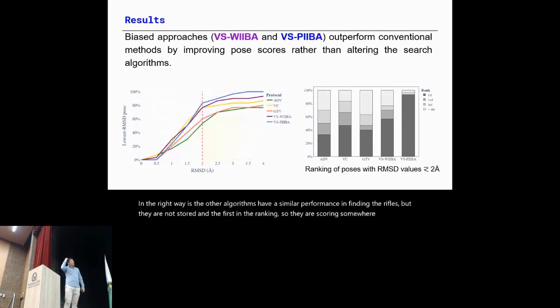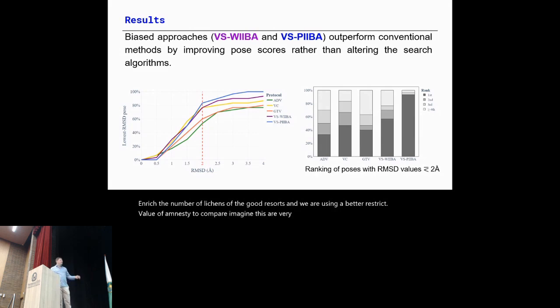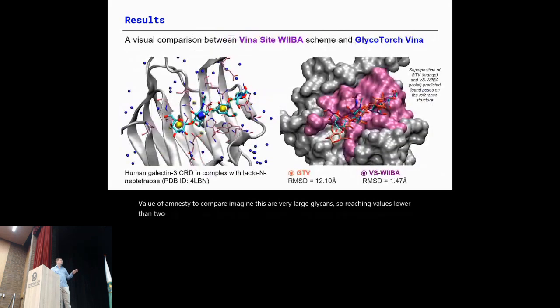As you can see, our approach enriches the number of glycans with good results, and we are using a very restricted RMSD value to compare. Imagine these are very large glycans, so reaching values lower than 2 angstroms is very good.